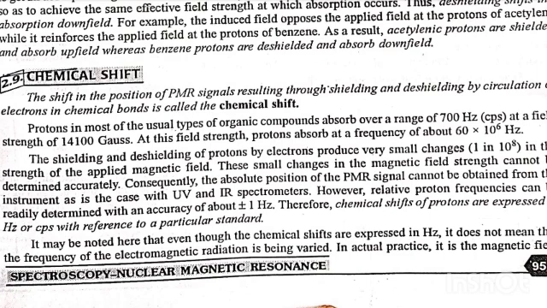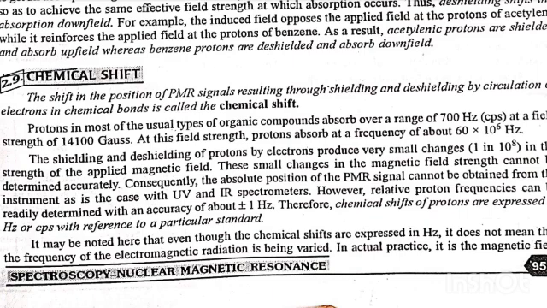Protons in most of the usual types of organic compounds absorb over a range of 700 Hz at a field strength of 14,100 Gauss. At this field strength, protons absorb at a frequency of 60 × 10^6 Hz. The shielding and deshielding of protons by electrons produce very small changes, 1 in 10^8, in the strength of the applied magnetic field.